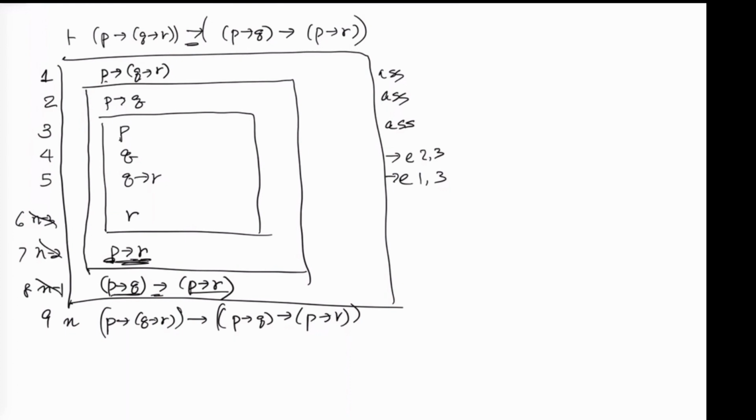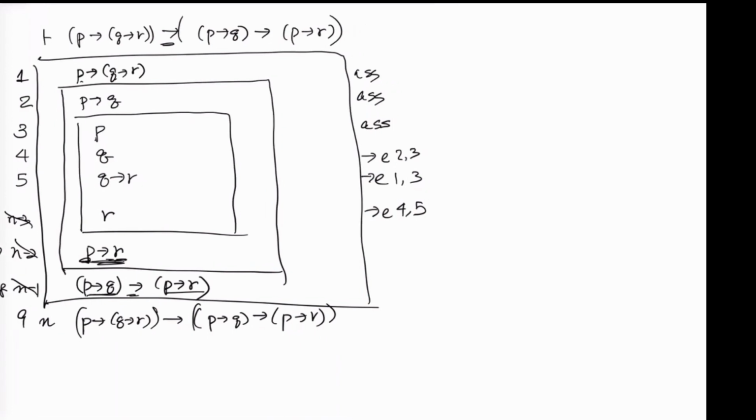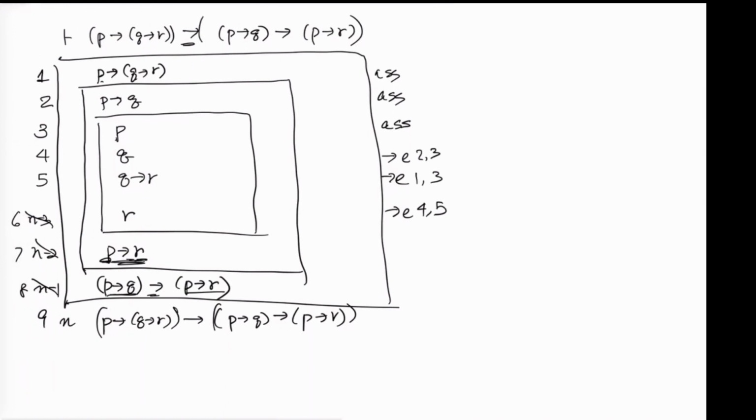So how do we get R? Implication elimination for lines 4 and 5. Okay, and after that it is a straightforward application. So we fill all the gaps in the box. Line 7 will give me implication introduction from the box of lines 3 to 6.